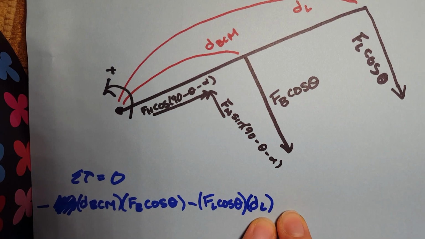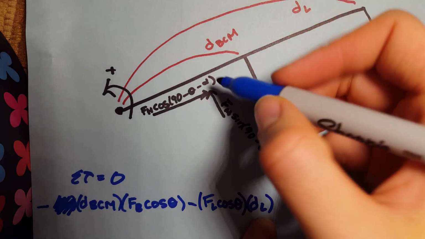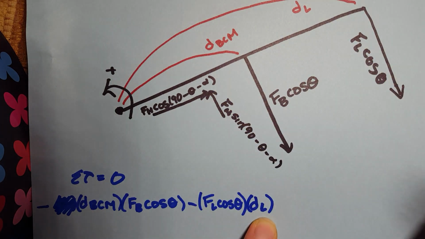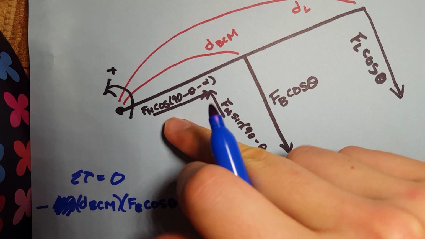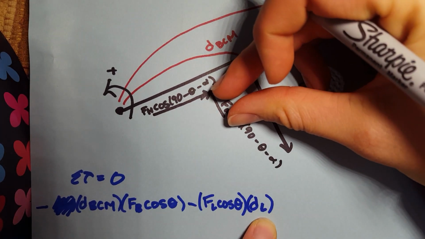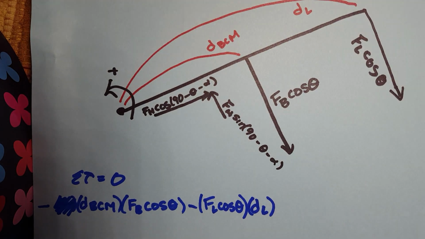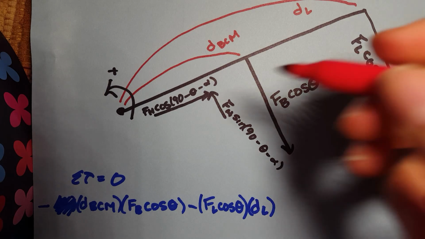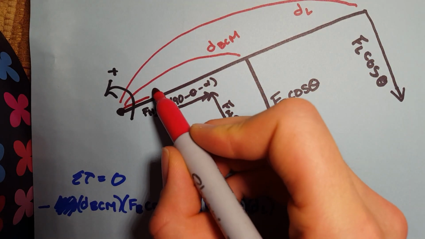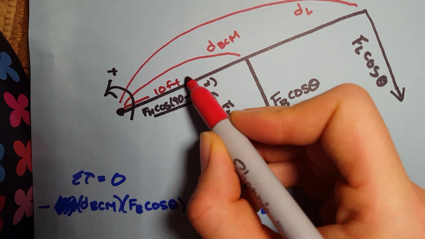Okay, and then now we have the force of our hydraulic cylinder. This component is acting at 10 feet, because we said it was a distance of 10 feet right here.